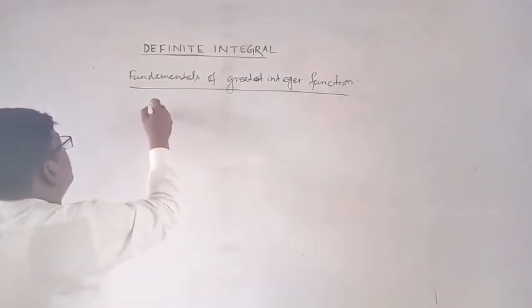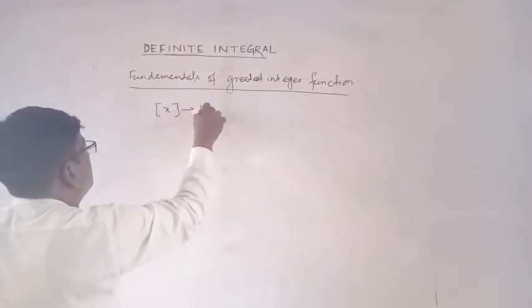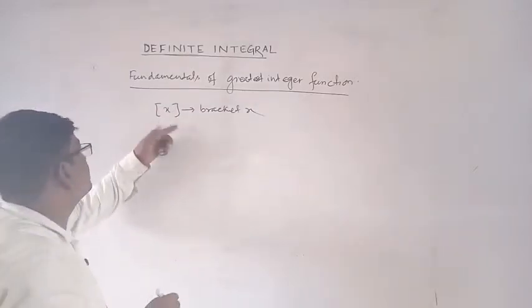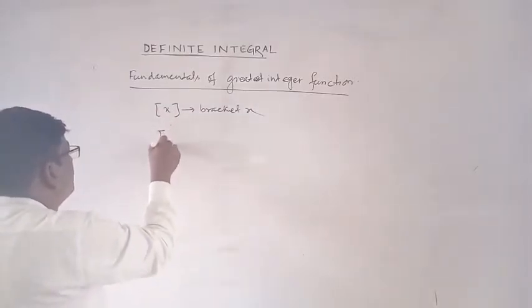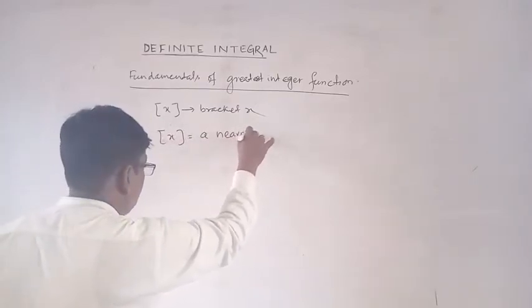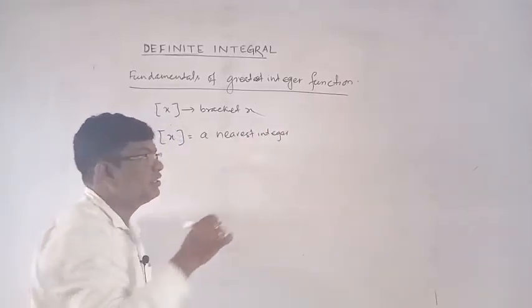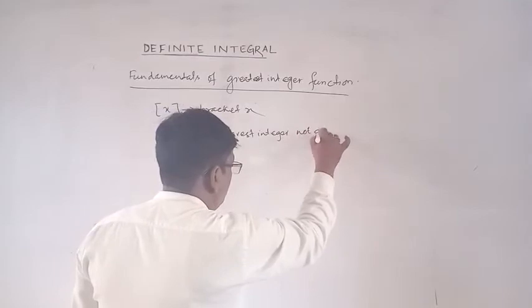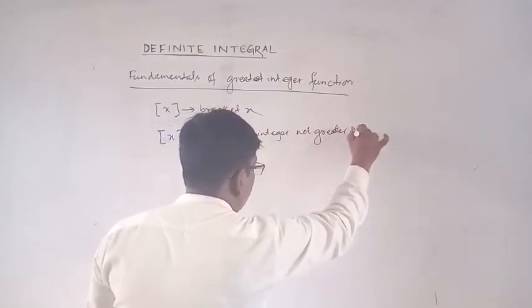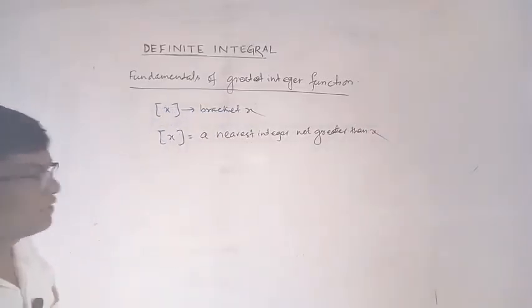So the greatest integer function, bracketed x, is equal to the nearest integer not greater than x.